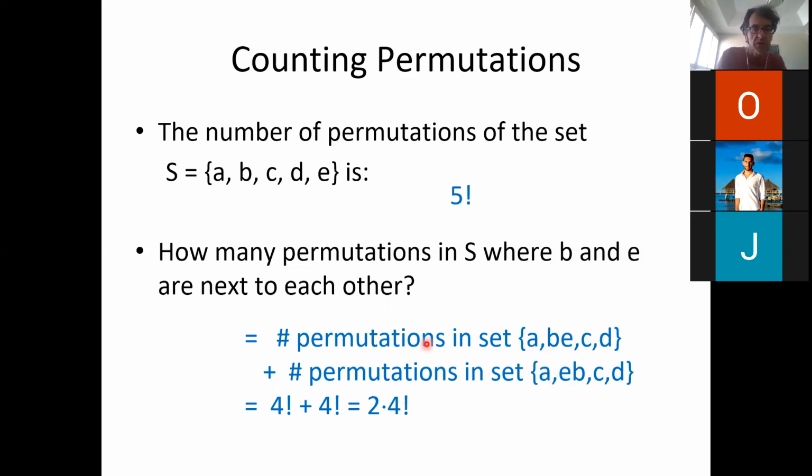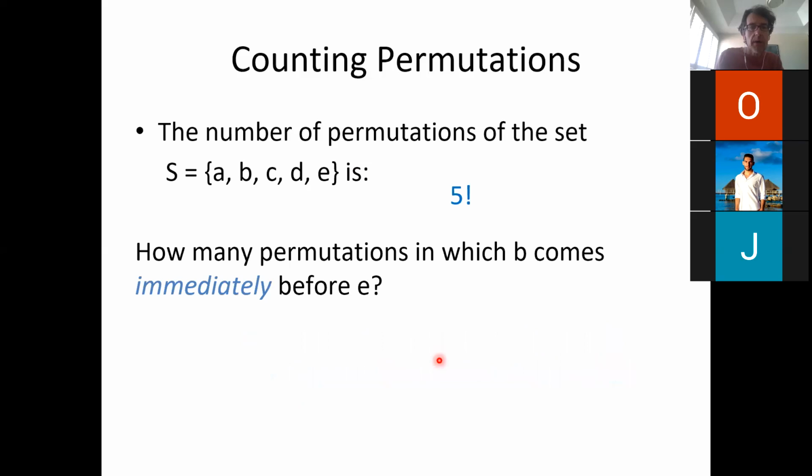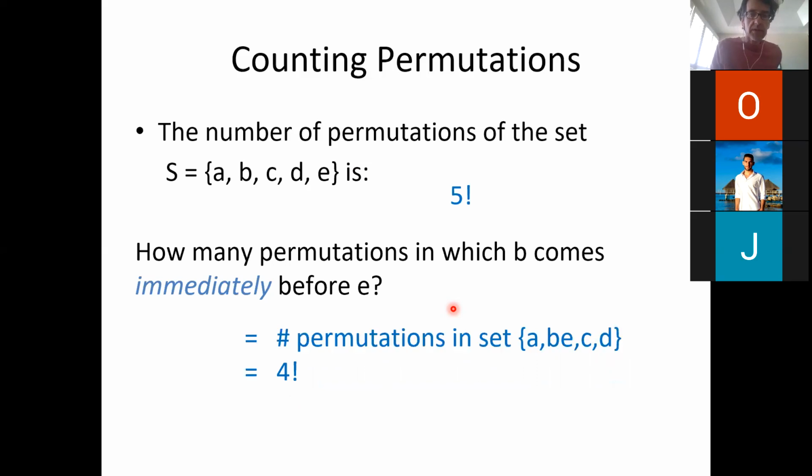So these 2 sets are non-intersecting. You have basically split this by the sum rule into 2 different classes, each of which can be computed as a permutation. And if I change this so that B must come before E and immediately so, then I reduce it to this case.